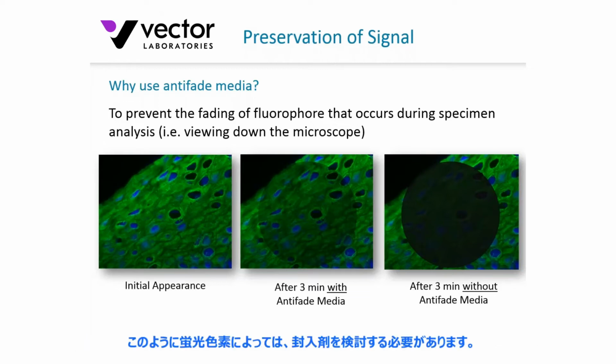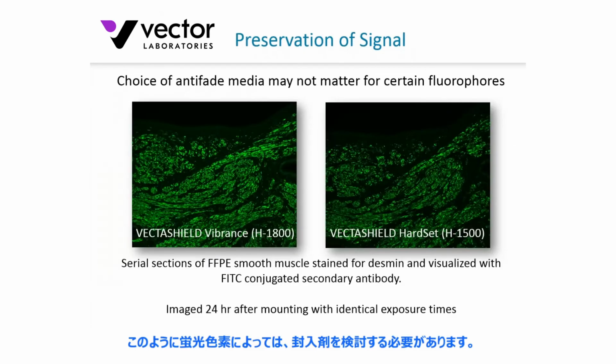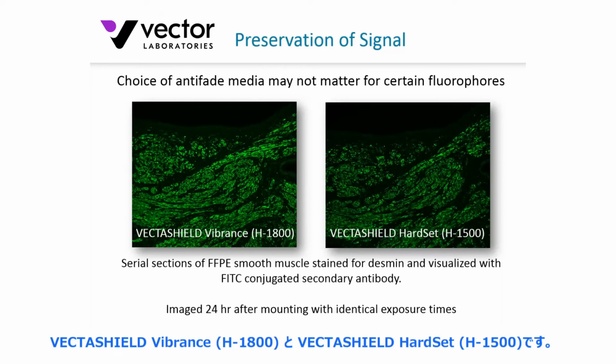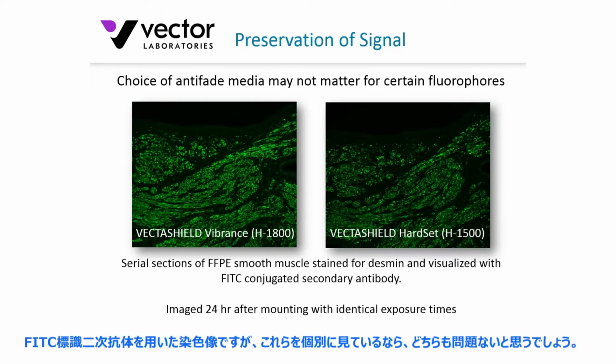However, there are some caveats in selection of the media. But I will say that choice of media may not matter for certain fluorophores. And what I'm showcasing here is a couple of VECTASHIELD products. On the left, VECTASHIELD Vibrance, which does set, and VECTASHIELD Hard Set, which is also a setting, anti-fade mounting media. And we're looking at retention of a fluorescein FITC conjugated secondary antibody.